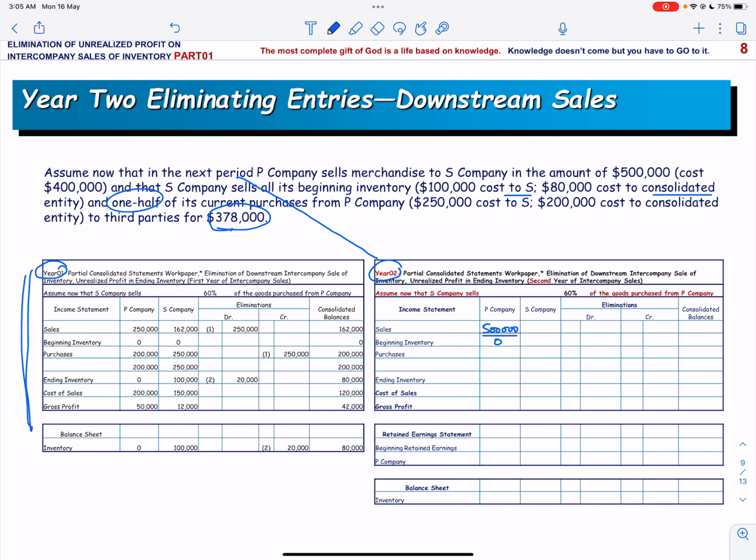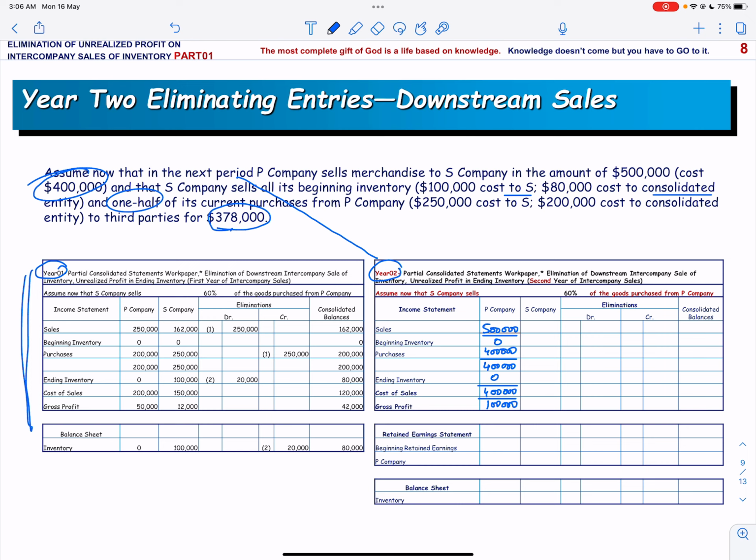Purchases was 400,000. So the cost of goods available for sales is 400,000. The ending inventory is 0. So the cost of sales is 400,000 and the gross profit is 100,000.